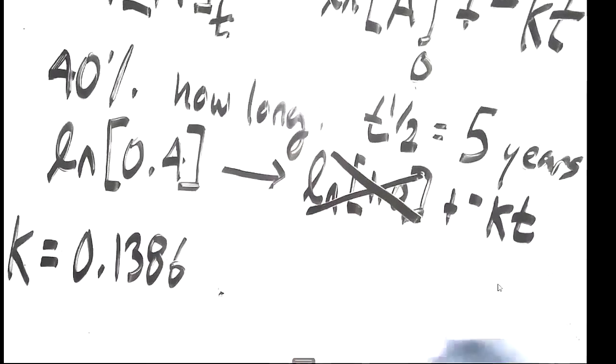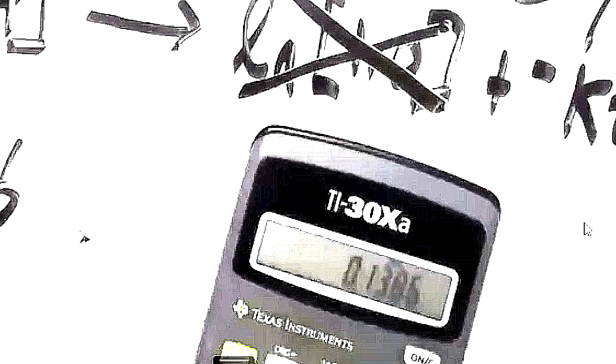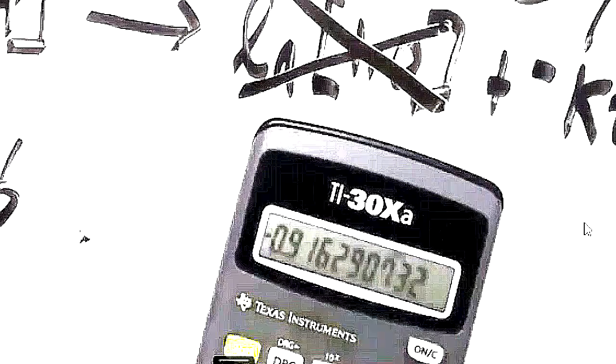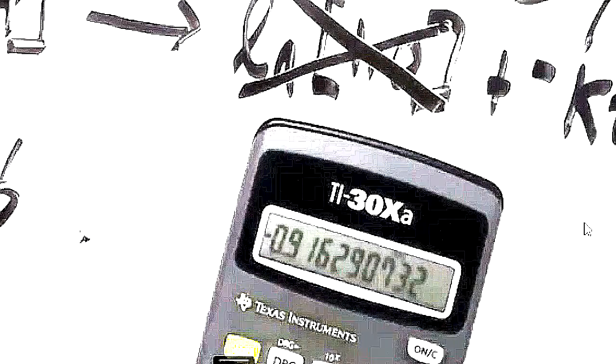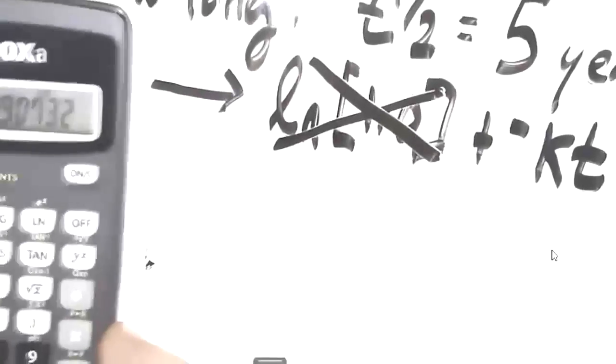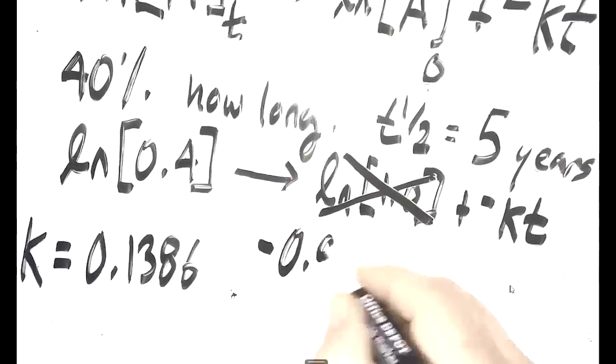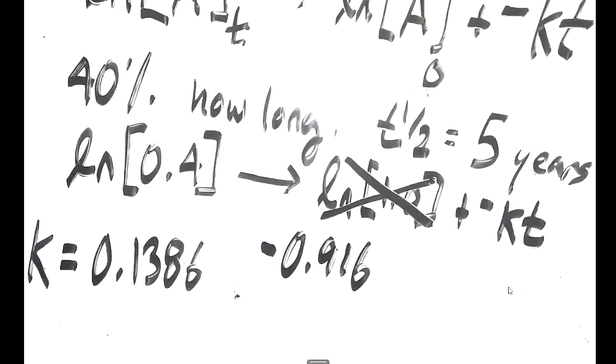To do that, we're just going to put 0.4 in the calculator and press the natural log key. Now notice that we get a negative number here. It's going to be negative 0.916. That's the natural log of 0.4, and that has to equal negative kt.